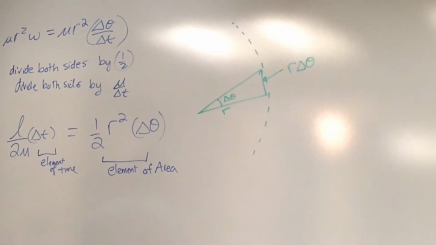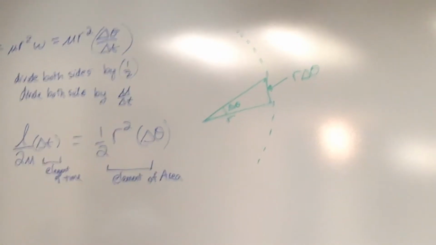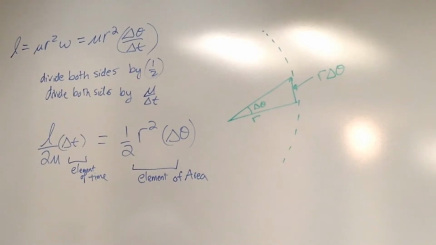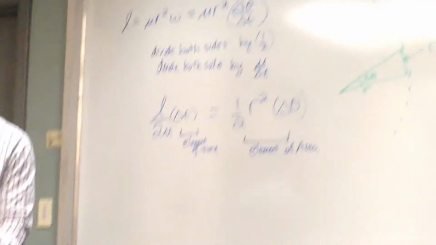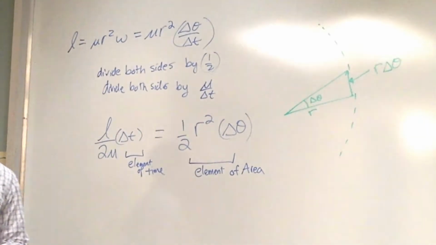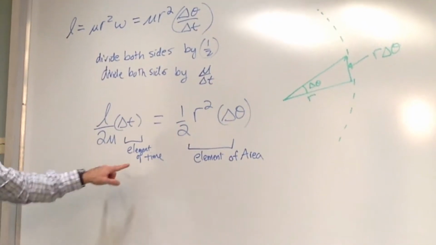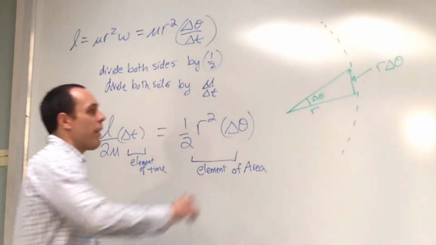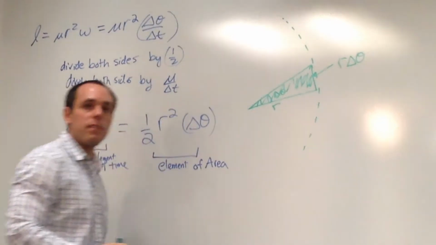And that's exactly what we saw when we did the arc length. Arc length is a radius times the angular distance. So what we really have is a tiny small element of area, and over here a small element of time. That small area is right here. This is our area element.